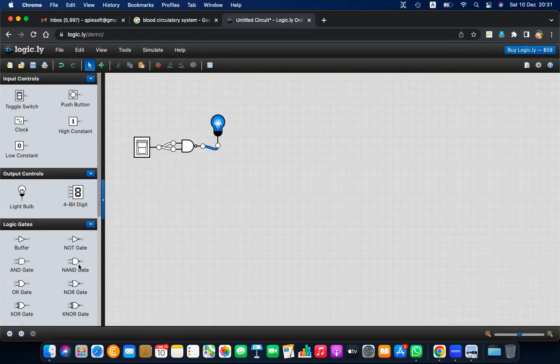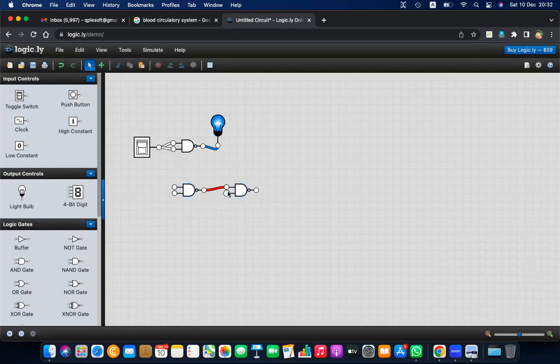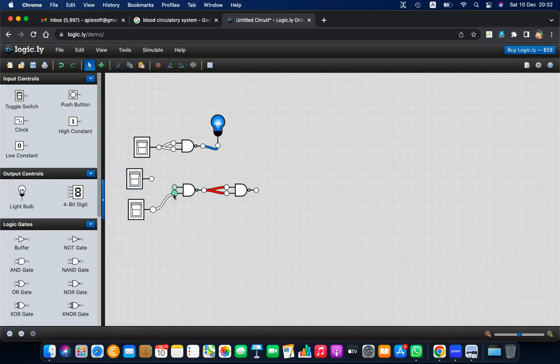And the same NAND gate here can be used to represent an AND gate also, because if you send it through the NOT gate that you have already created here, now it's acting as an AND gate. Why? Because this is NAND. NAND is basically 1 and 1 will become 0 there.